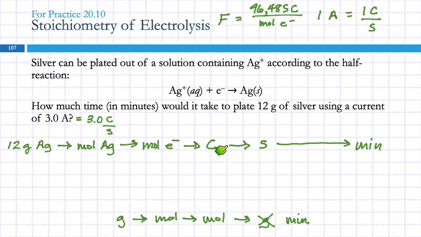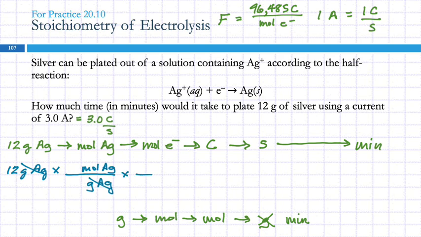You want to figure out the path first before you start writing stuff down. So now we can write stuff down. 12 grams of silver. For each of these arrows, there's going to be a conversion factor. So from grams of silver to moles of silver, and grams of silver is going to go down here. We're just putting in all the units so the units cancel out.